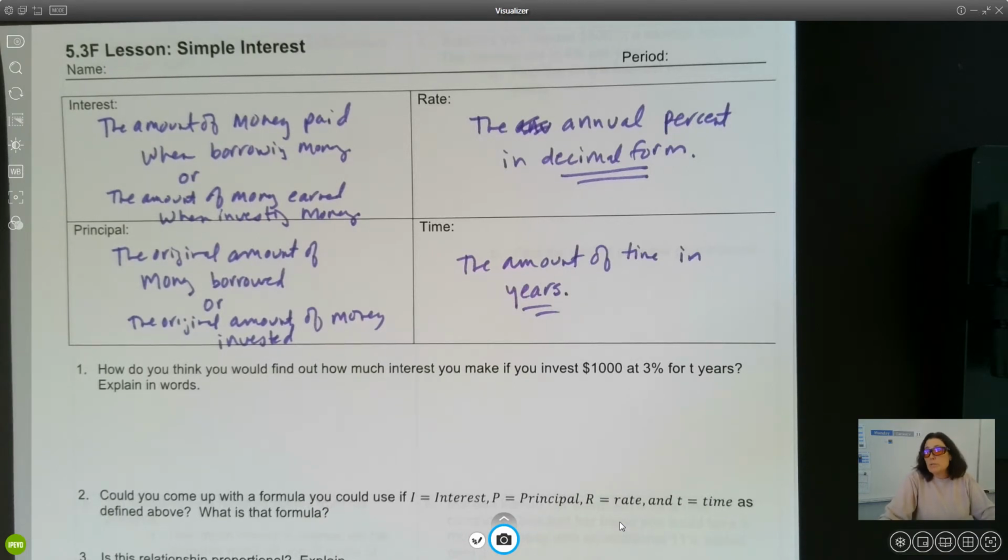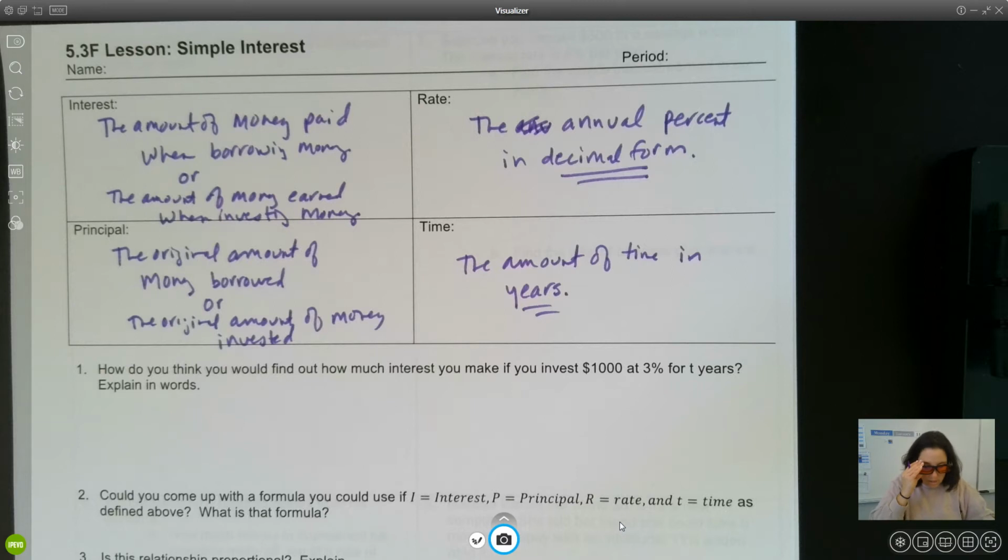Some car loans are 3 years, some are 5 years, some are 6 years, depending how much you want your payment to be and how much you can afford your payment to be. The longer the term, the more years, the more money and interest you'd be paying.